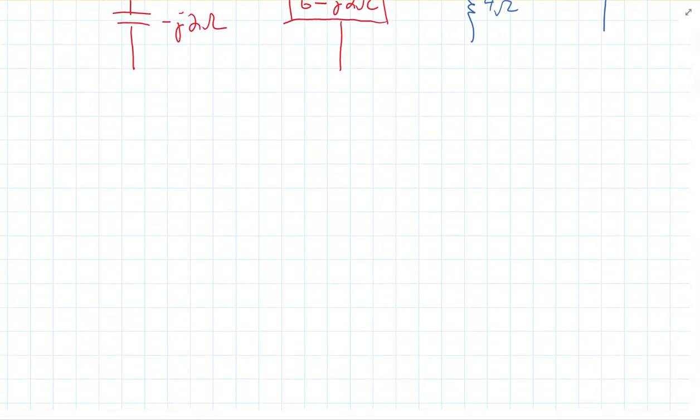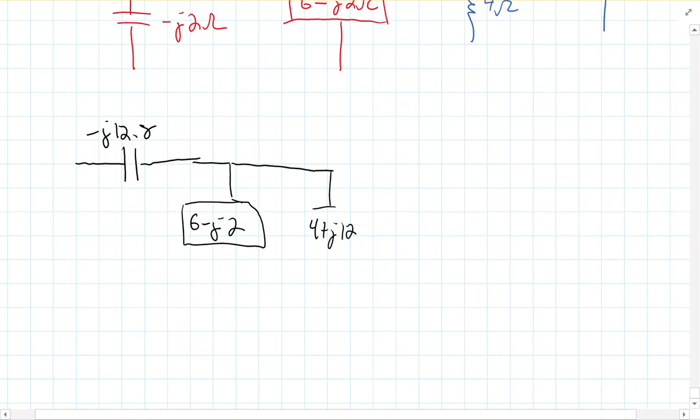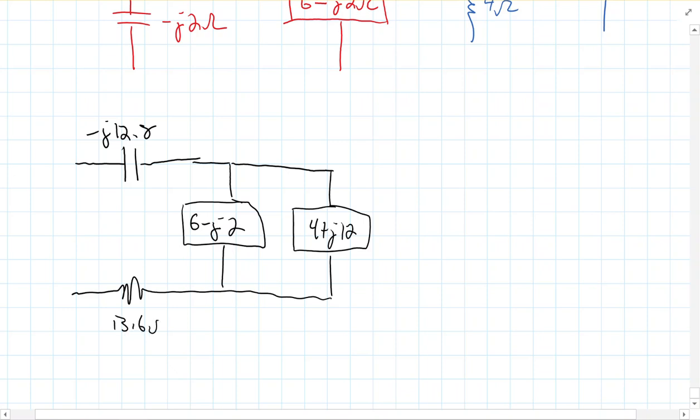I'm going to have my capacitor still at negative J12.8. But now I'm going to have this box of 6 minus J2, put in a box, and then another one that is 4 plus J12, put in a box. Still got my 13.6 ohm resistor.